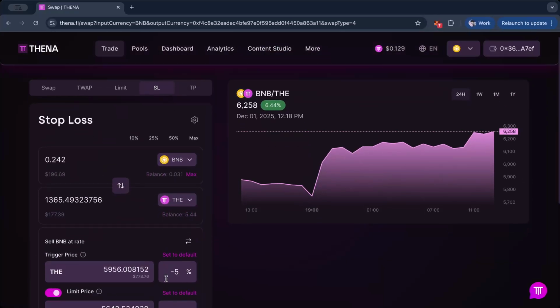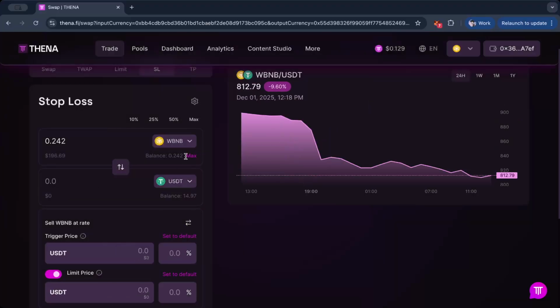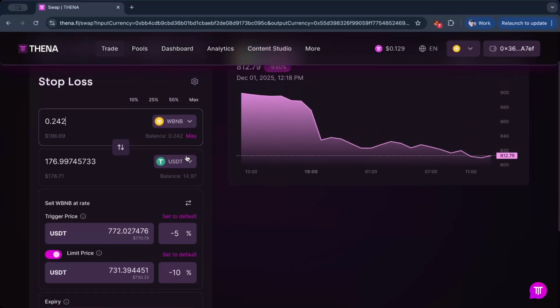For demonstration purposes, I'm going to set up an order between wrapped BNB and USDT. So I bought wrapped BNB this morning. The market is what the market is. It's now December 2025. So for those that are watching this in the future, I hope you have more favorable market conditions.